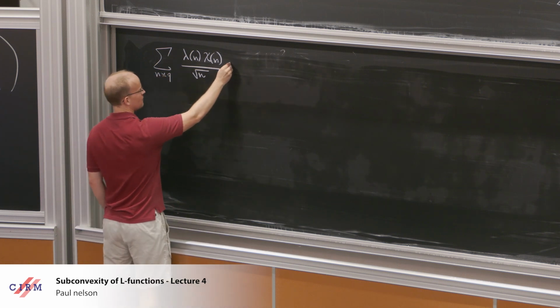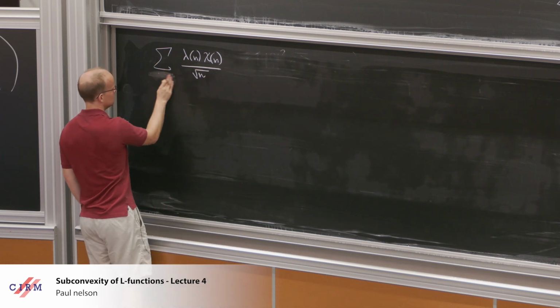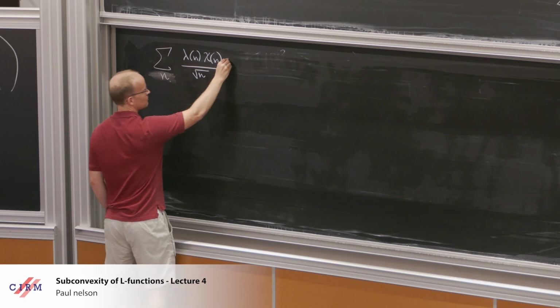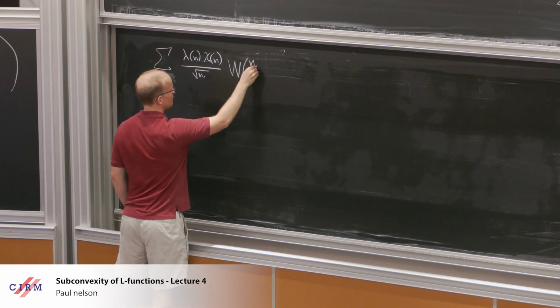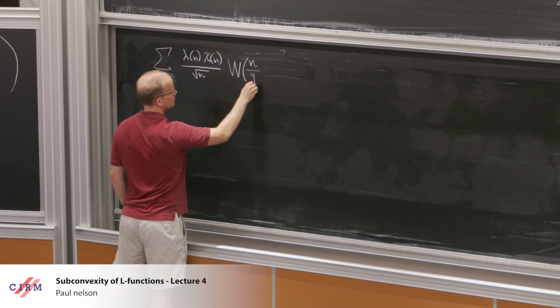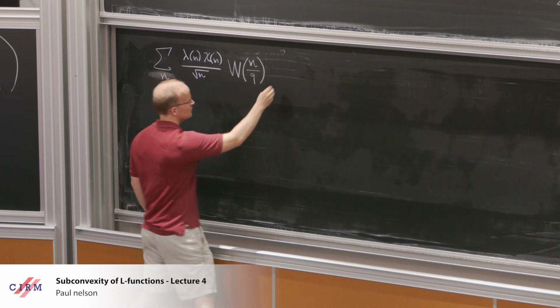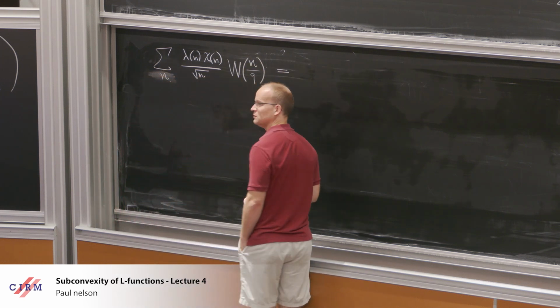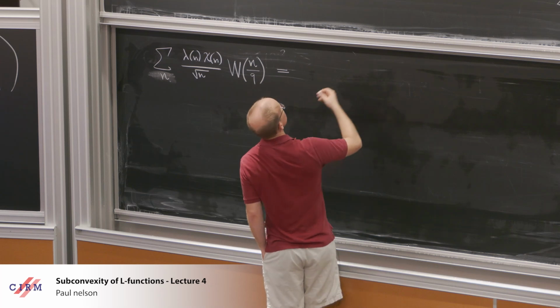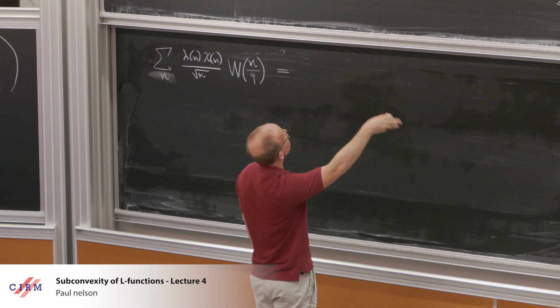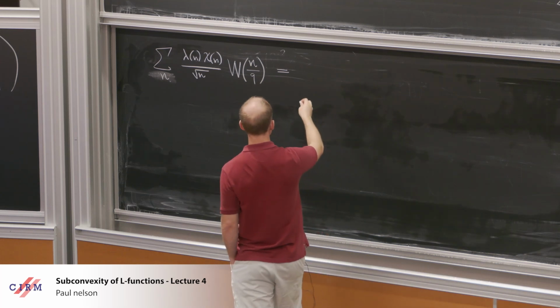If we make this a bit more explicit by writing the weight function as w(n/q), then this is exactly equal to something like what we encountered on a now erased board.